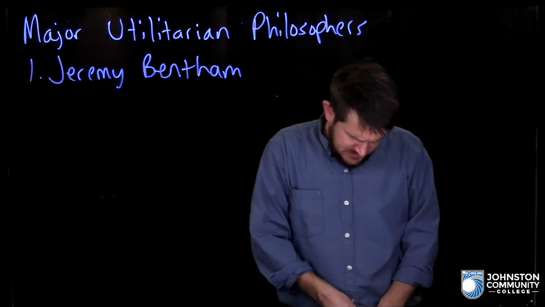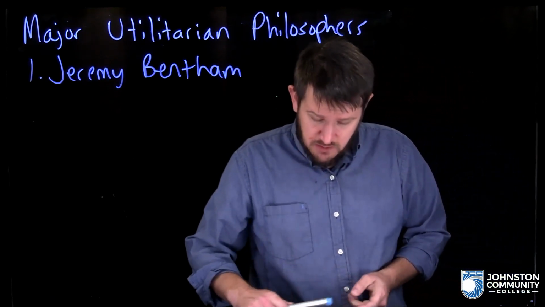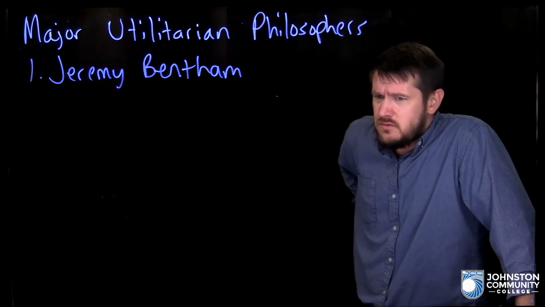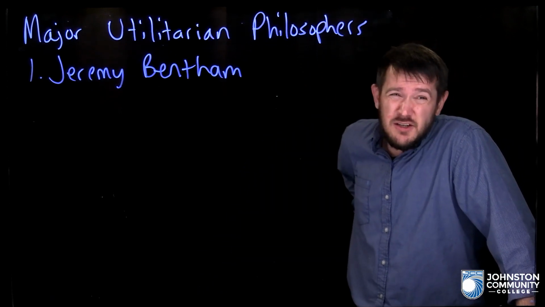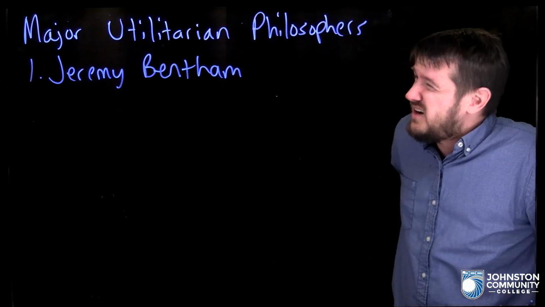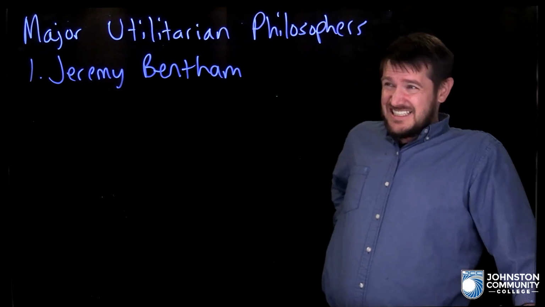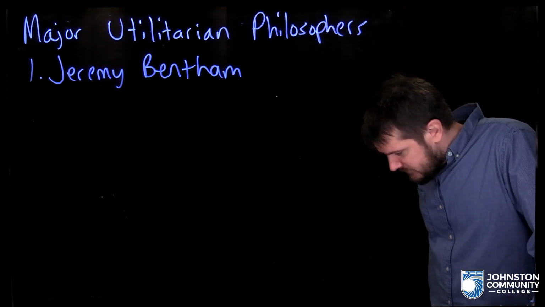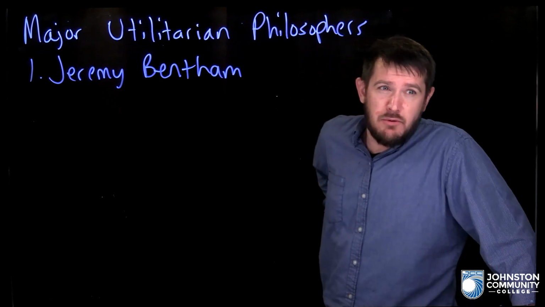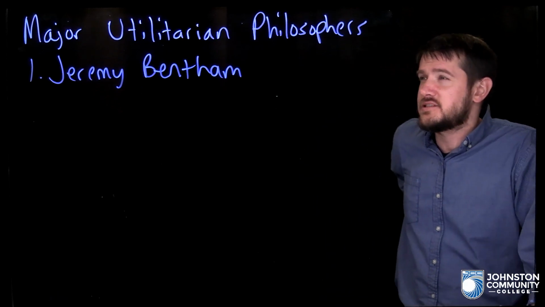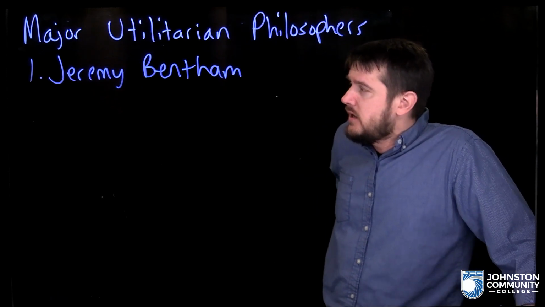So you have to understand the 18th century, we're talking about the 1700s. 250 years before women got the vote, 100 years before slavery was abolished. And at this time, Jeremy Bentham was advocating for the abolition of slavery. Really one of the first English philosophers to advocate for the abolition of slavery.